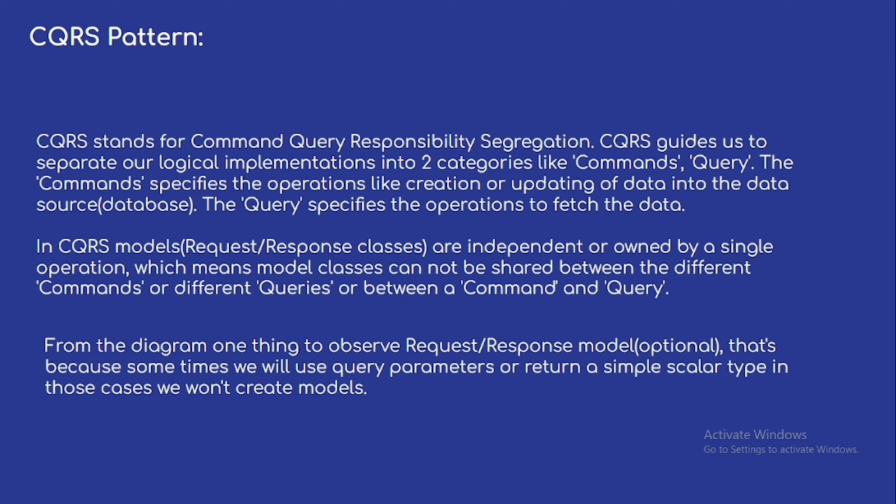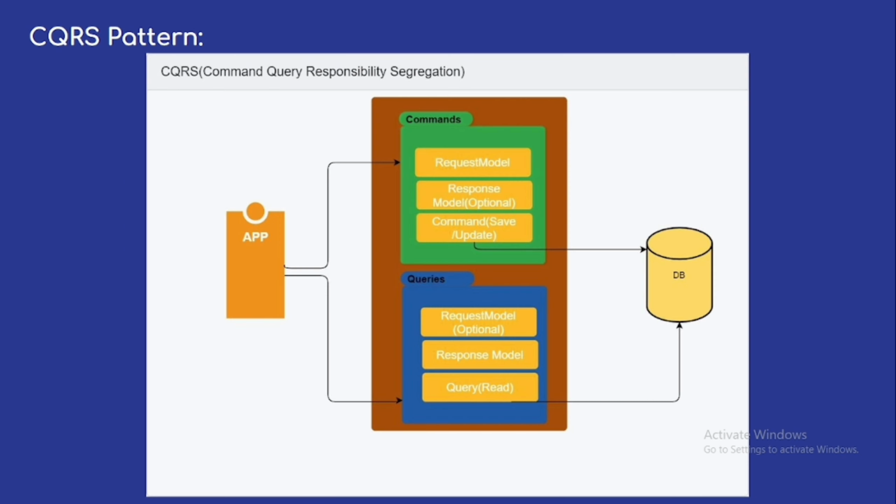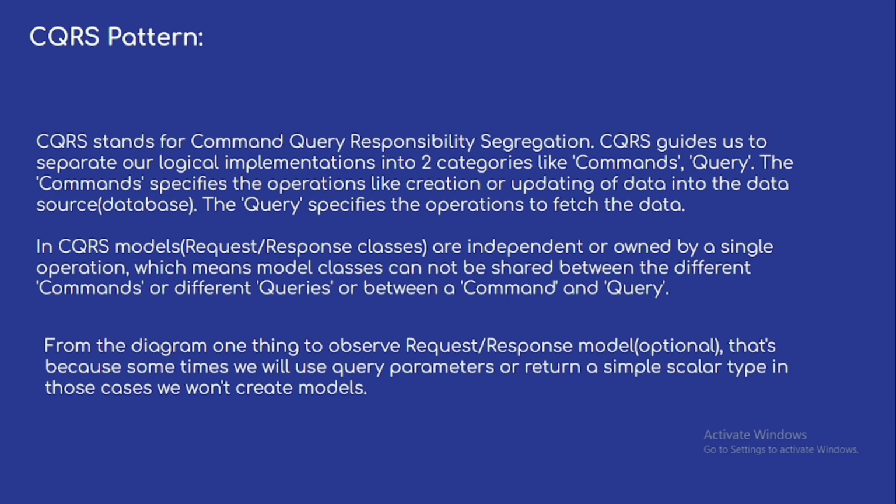From the diagram, one thing we must observe is that the request or response model is optional. Here you can see it is optional for the response model in the command and optional for the request model in the queries. That is because sometimes we use query parameters or return a simple scalar type, such as an integer or string. In those cases, we won't create models.